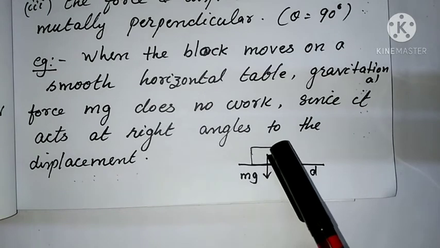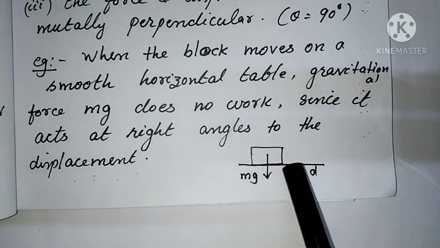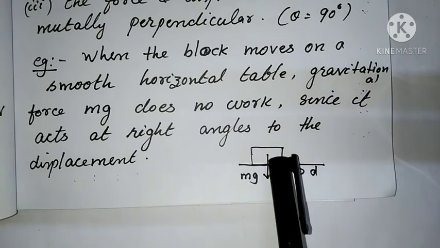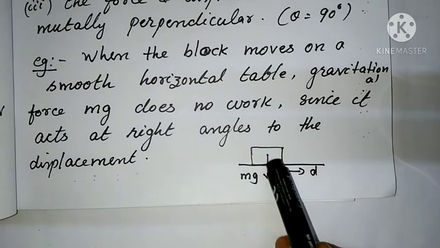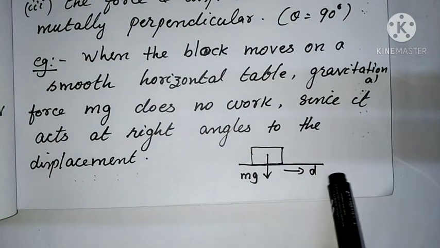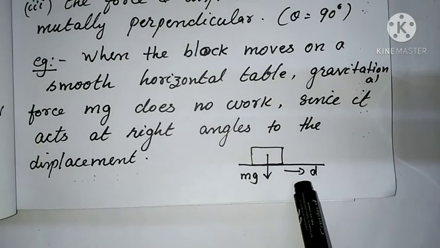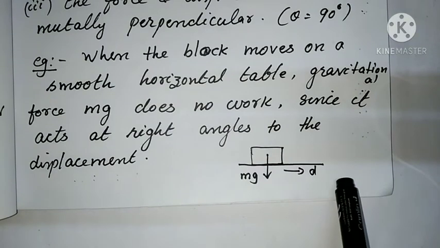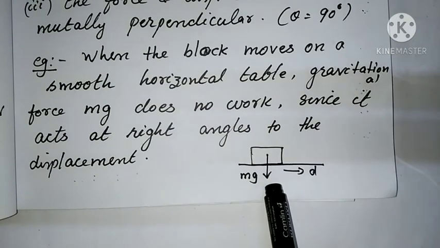But this gravitational force mg is perpendicular to the direction of displacement. That is, the angle between this gravitational force mg and the displacement is 90 degrees. So in the formula W equals F d cos 90. Cos 90 is 0. So W equals 0. So these are the three cases in which we can say that there is no work done.